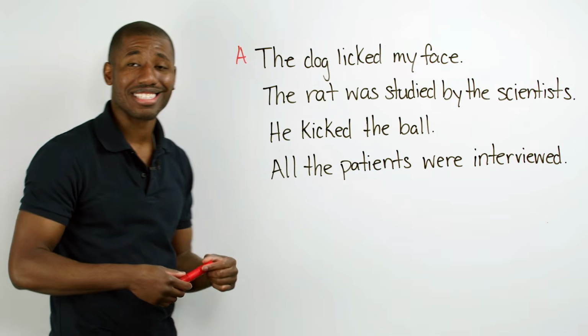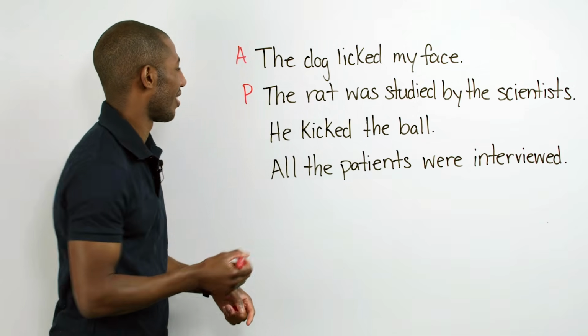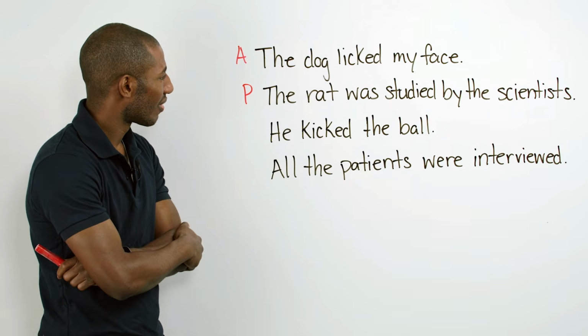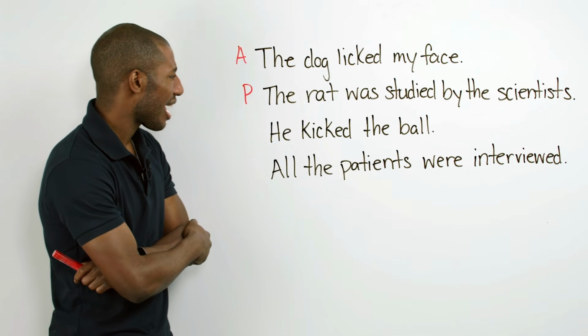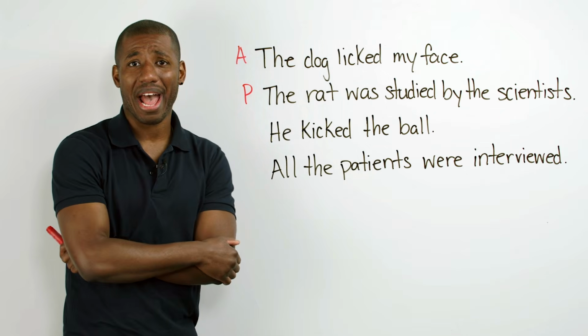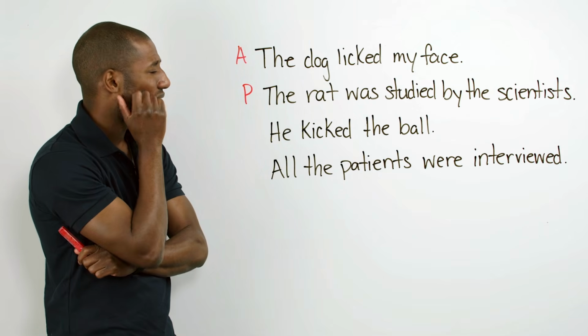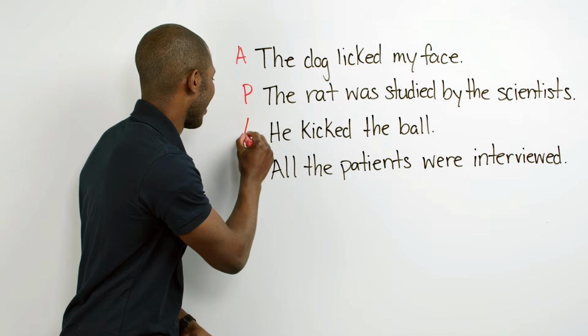Well, this is definitely written in the passive voice. He kicked the ball. I don't see a to be verb here, and kicked is written in the past tense. He kicked the ball. This is definitely written in the active voice.